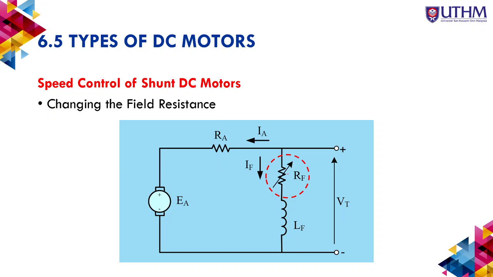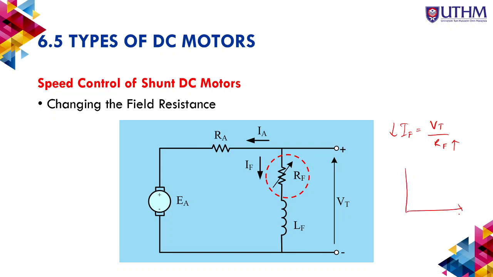In order to change the speed, we can change this point. As we know, If is equal to Vt over Rf. So what happens when you increase Rf? Then the If will be reduced.